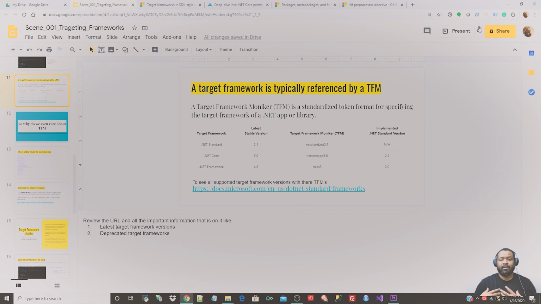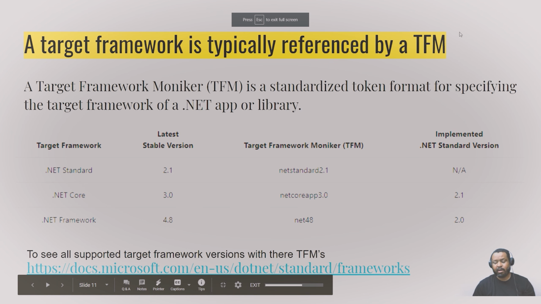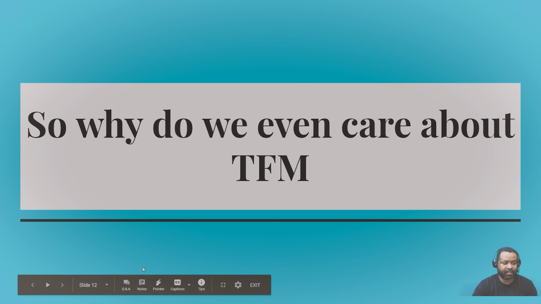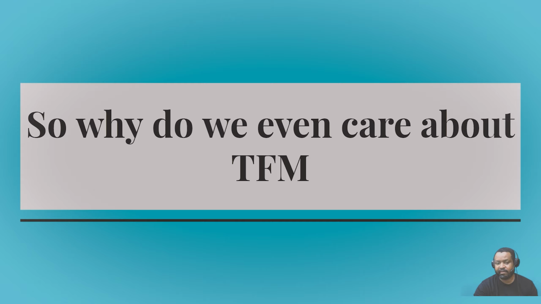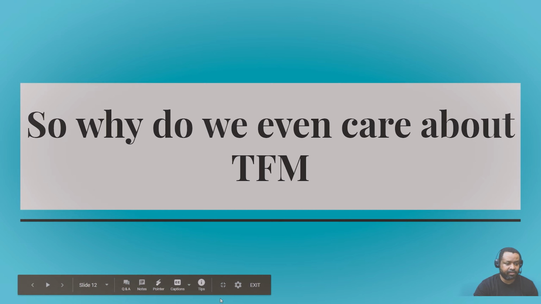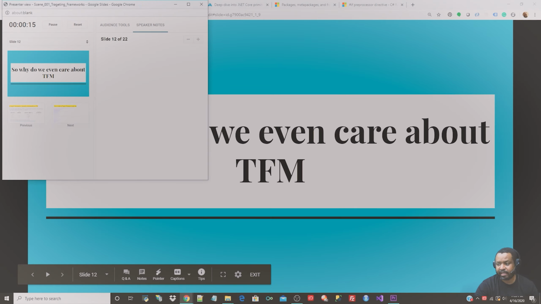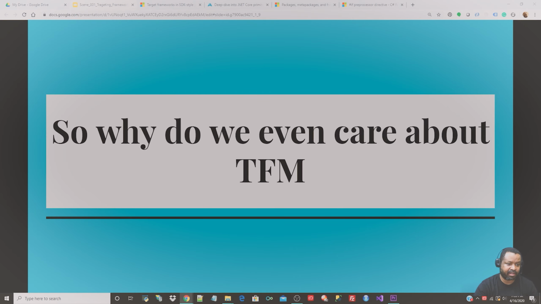Next, so this target framework moniker, why do we care about this stuff? And the reason we care about this stuff is because of this next slide. When you used to use a project file back in the day, this is what a project file would look like.